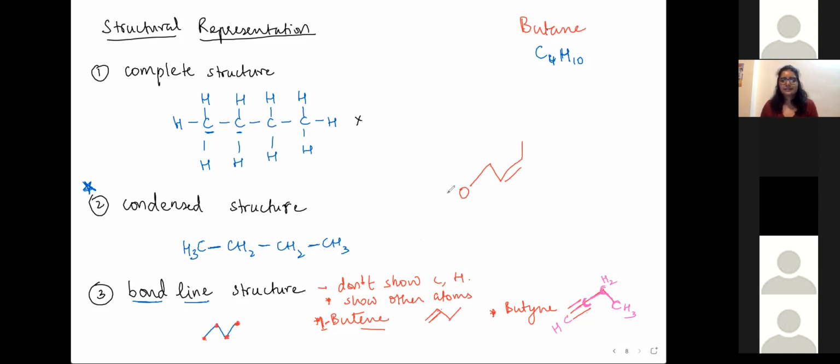So if I write it like this, okay. Is that propanol? There are 1, 2, 3, 4 carbons. So this would be butanol.